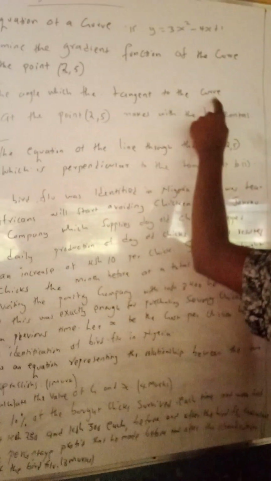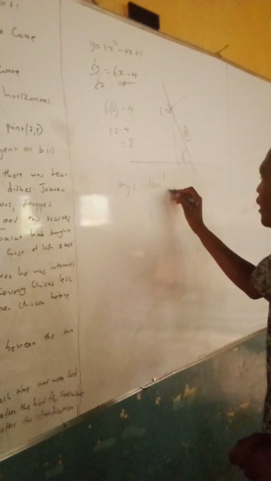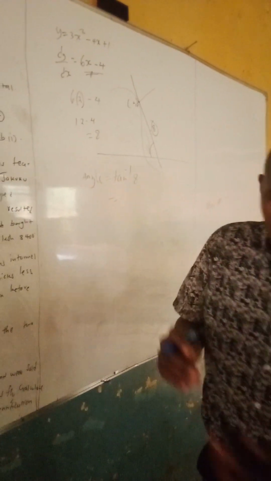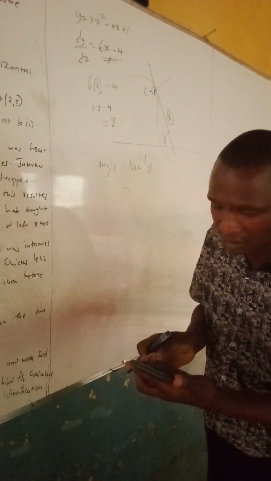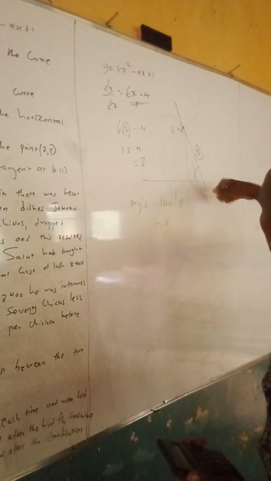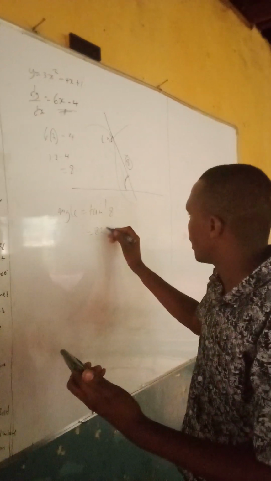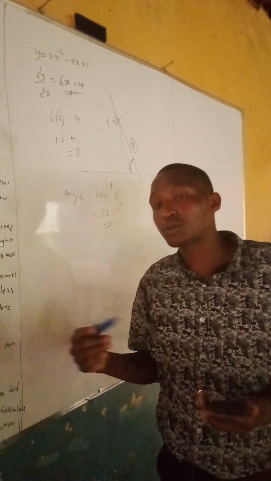So part B, the angle which the tangent to the curve at the point (2, 5) makes with the horizontal will be the tan inverse of 8, which is 82.87. The angle this line makes with the horizontal, the x-axis, is 82.87 degrees. That is the angle. Knowledge from rotation, a topic in Form 2.